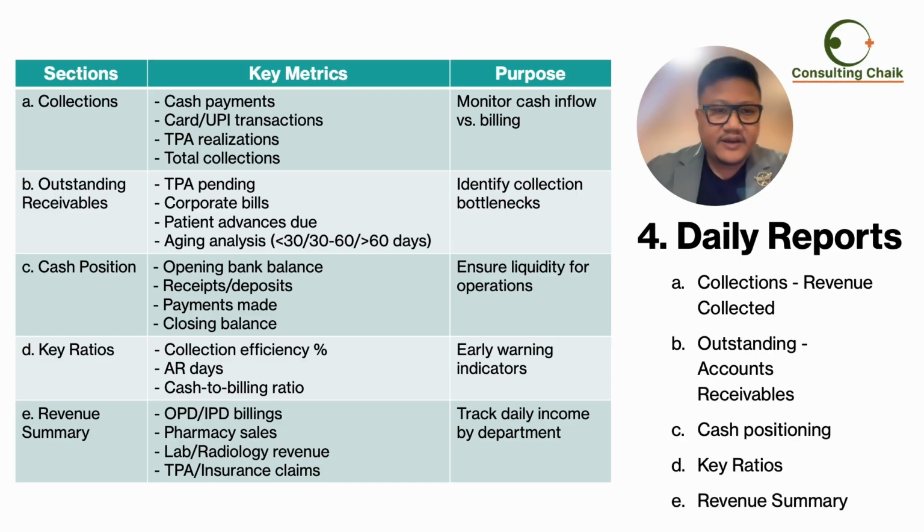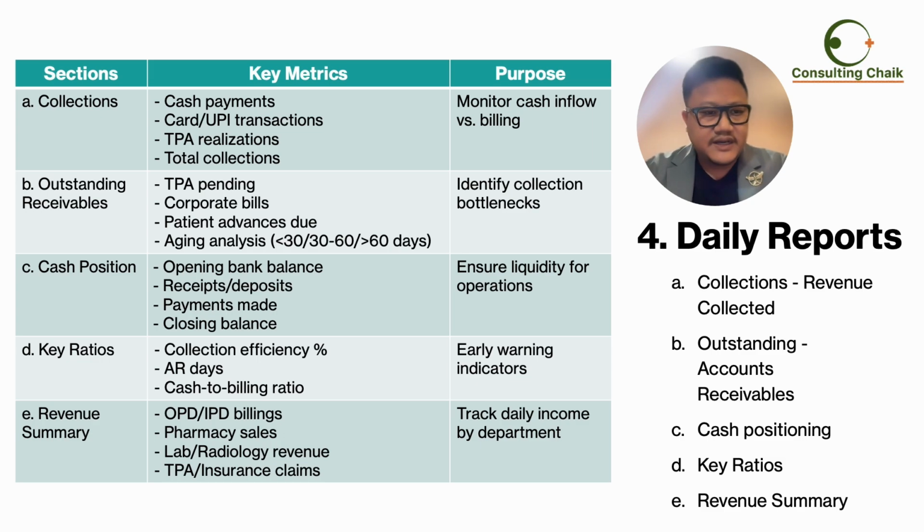Collections like your cash payments, your card, UPI transactions, online transactions, your TPA realizations, and your total overall collections for the day. The purpose of this is to monitor your cash inflow as per the billing that you have done. So the billing details along with the collection are required.